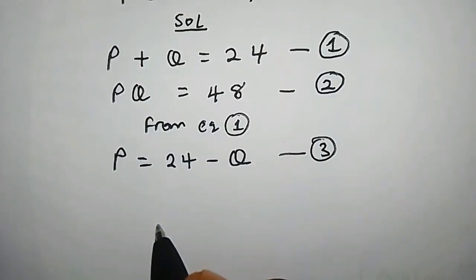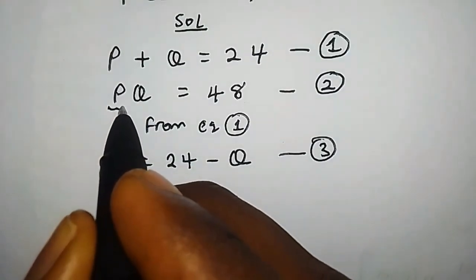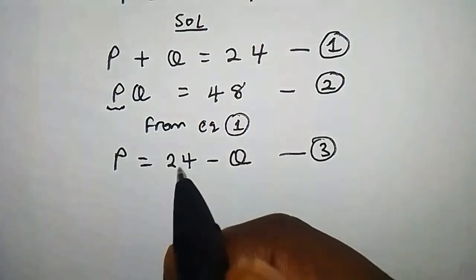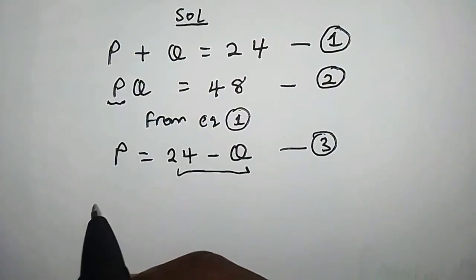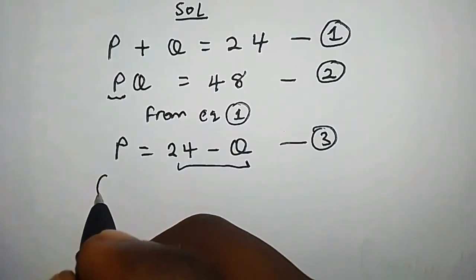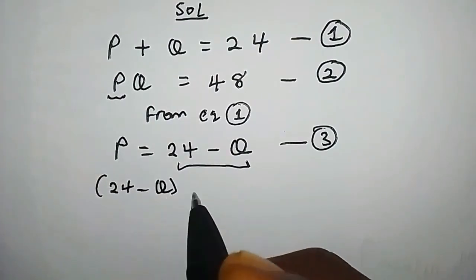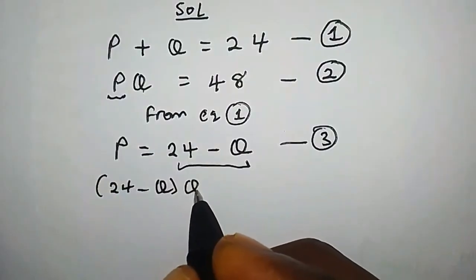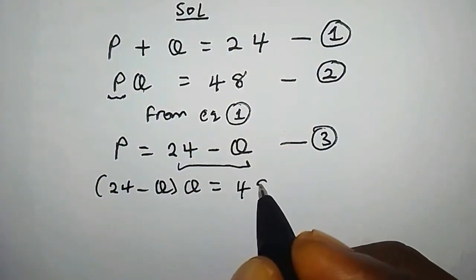What we are going to do now is to replace this P in equation 2 with 24 minus Q. So doing that, we're gonna have 24 minus Q times Q equal to 48.